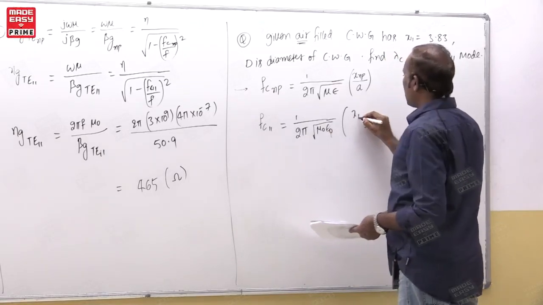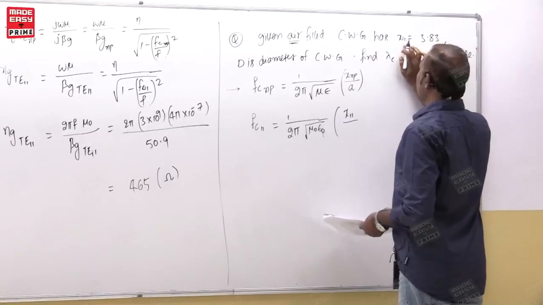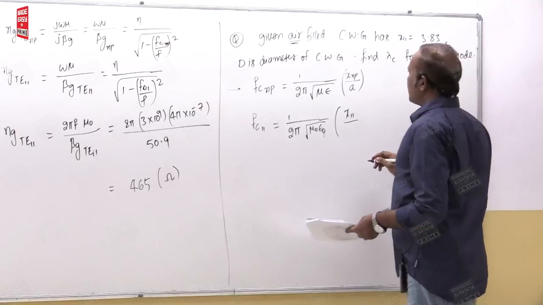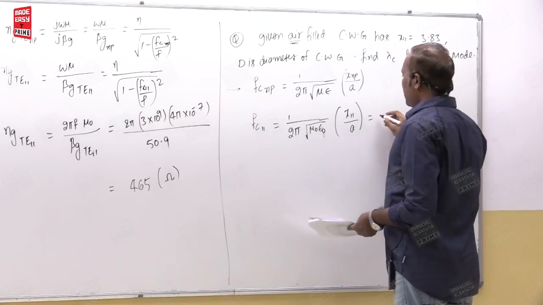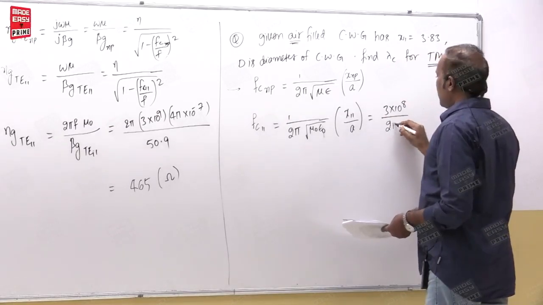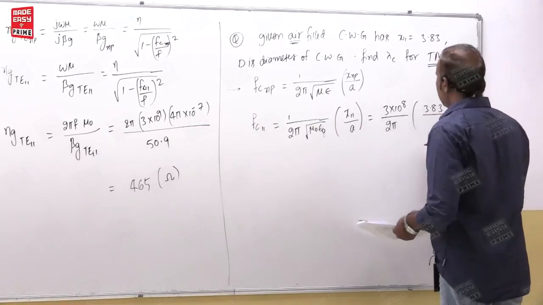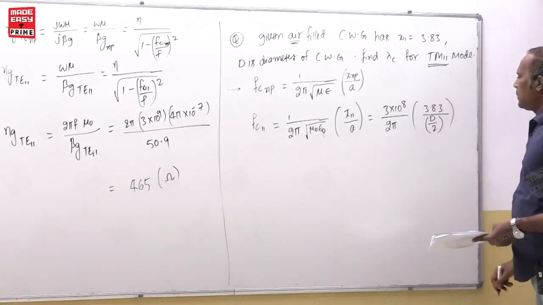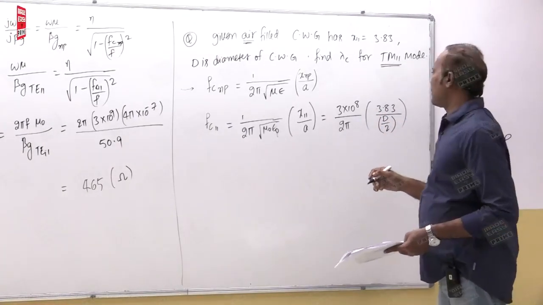So here x11, because it is TM11 mode, the root name is x11. If it is TE mode, then x' will come here, right? So a. Okay, now let us substitute the parameters. That is 1 by root mu naught epsilon naught, which is 3 into 10 power 8, then 2 pi, then x11 is actually 3.83, then a is there. a is nothing but diameter divided by 2, because diameter means 2a, right, students? Diameter is equal to 2a. The 2 cancels, you get a, because that fellow wants the answer in terms of diameter.